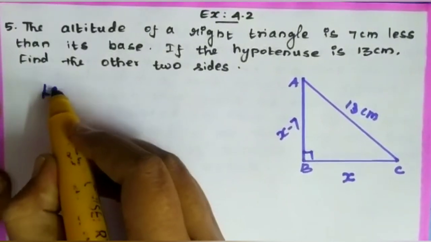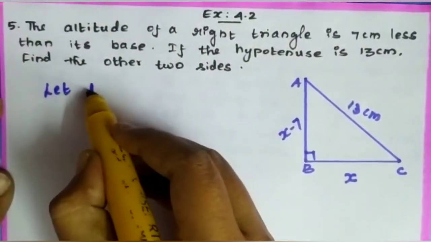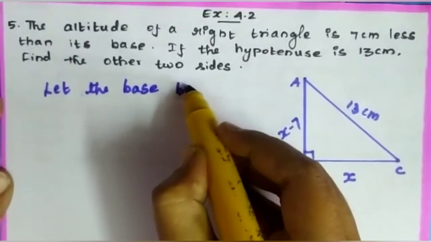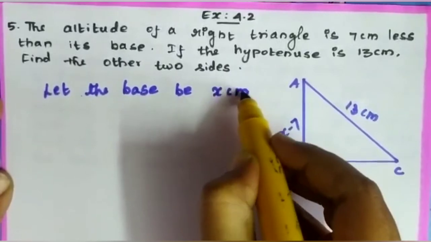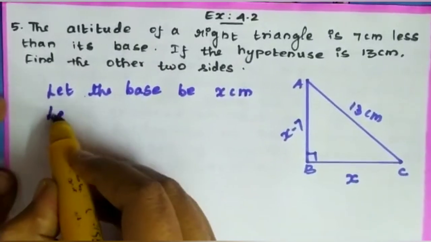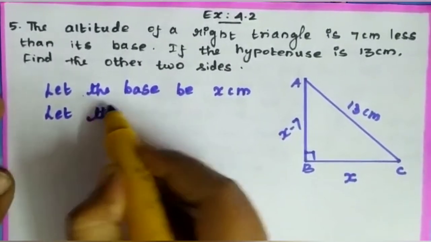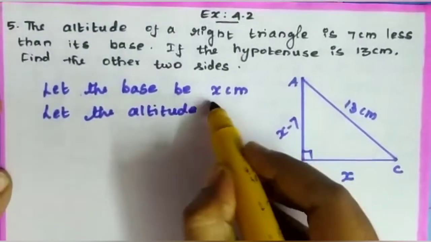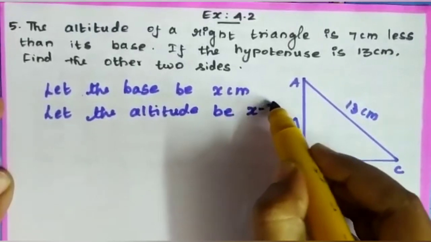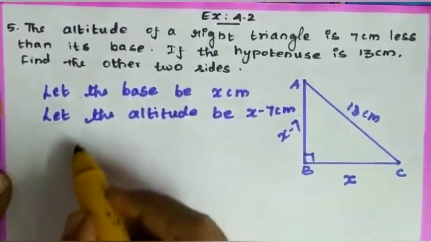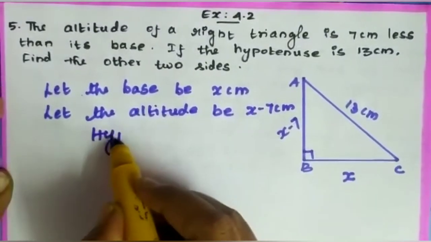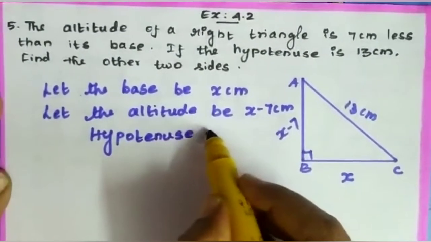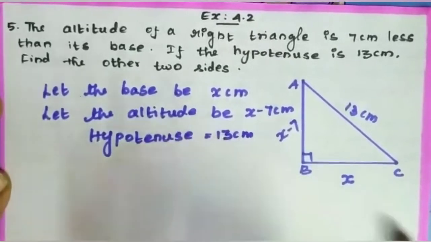First write that: let the base be x centimeter and let the altitude be x minus 7 centimeter and hypotenuse is equal to 13 centimeter.